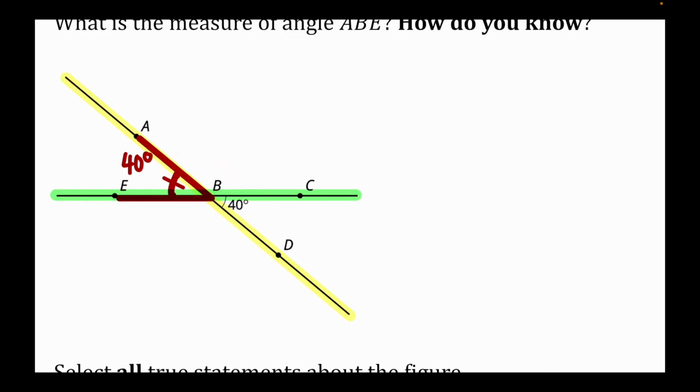This is the angle that I'm going to label as my blue piece, and this is angle ABC. I'll highlight A and then B and then C so you can see the actual angle I'm talking about here.